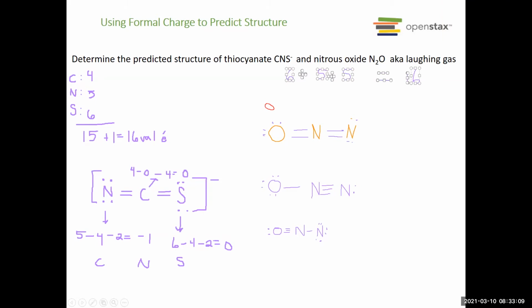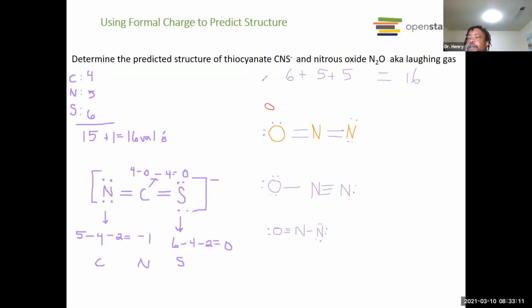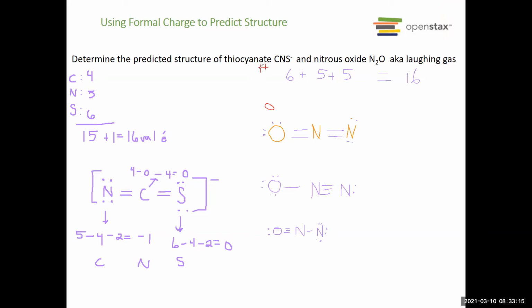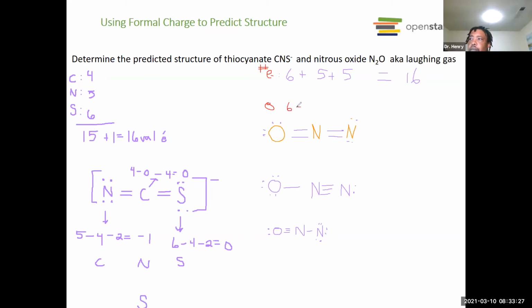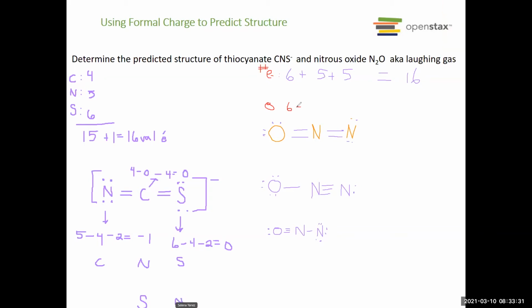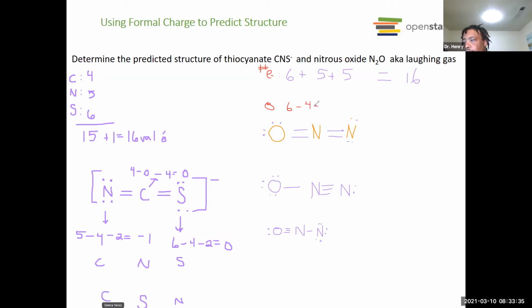What would be the formal charges on the oxygen? Valence electrons, you have 1, 2, 3, 4, 5, 6. We have 6 valence electrons. How many lone pair electrons? 4. How many bonds? 2.